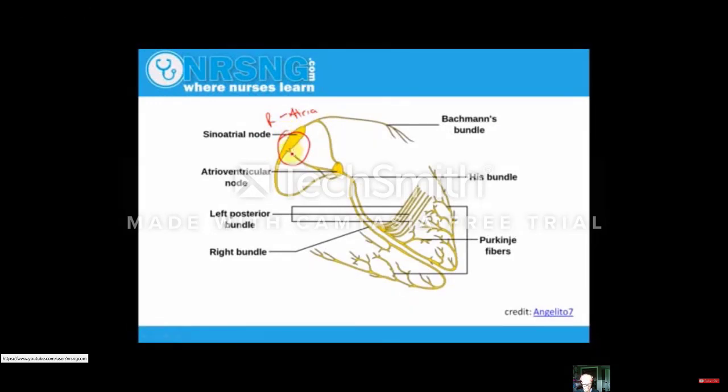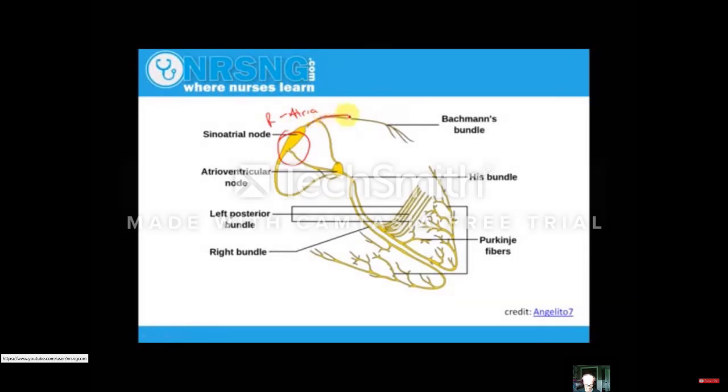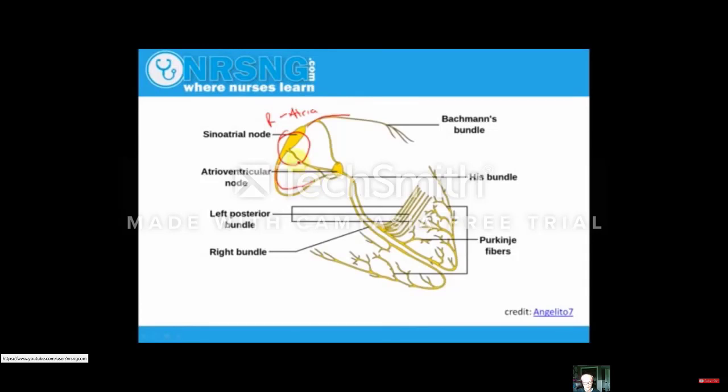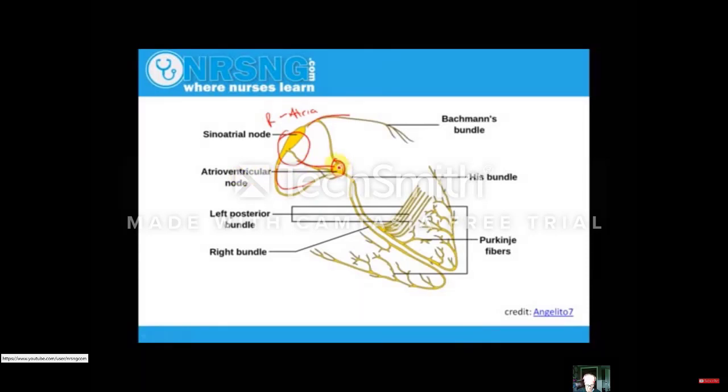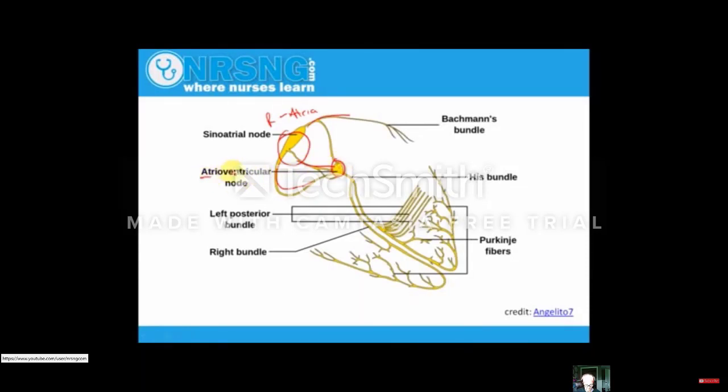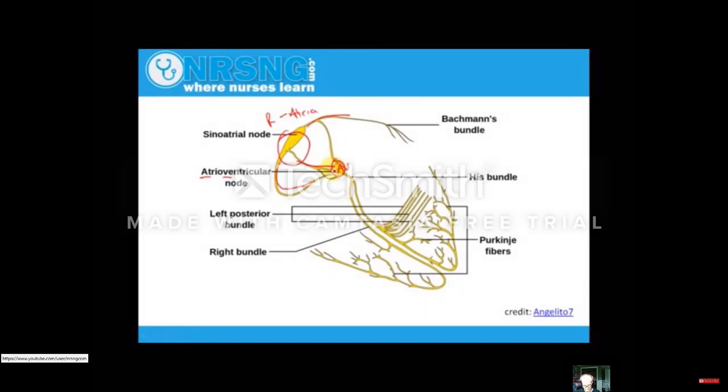From the right atria, that impulse should follow one of 3 pathways, all heading to the AV node, the atrioventricular node. As it's titled, it sits right between the atria and the ventricles.